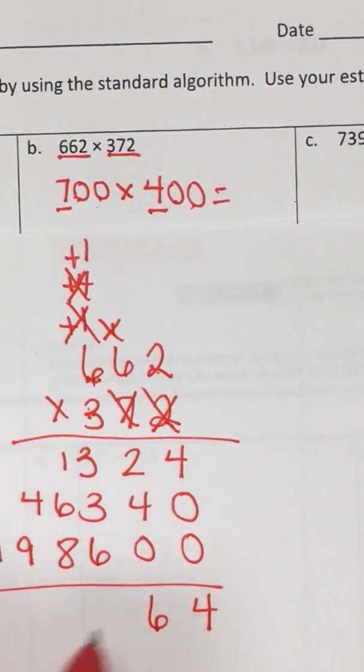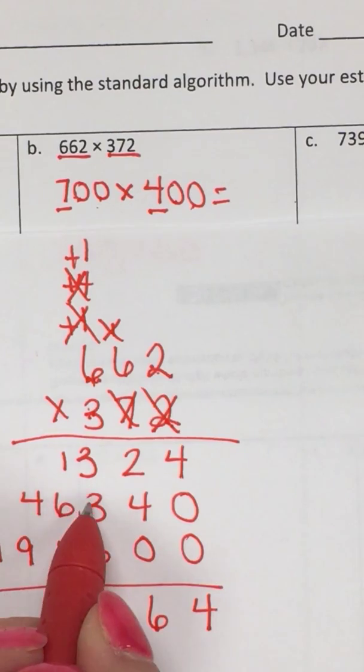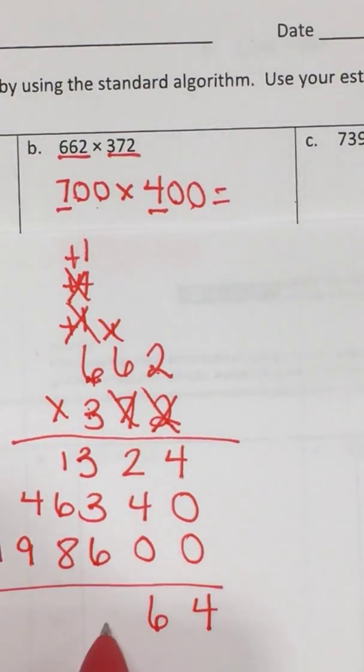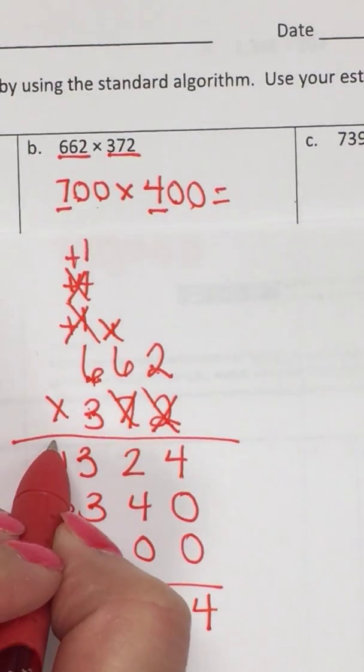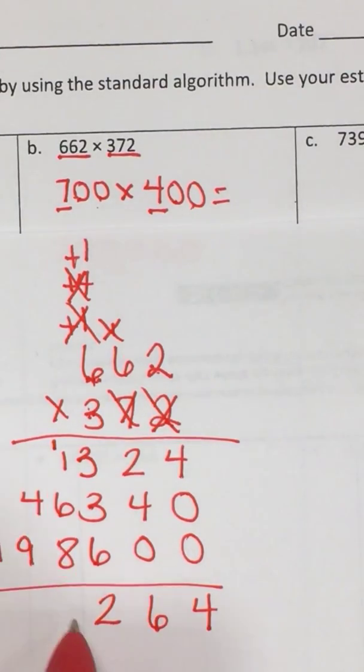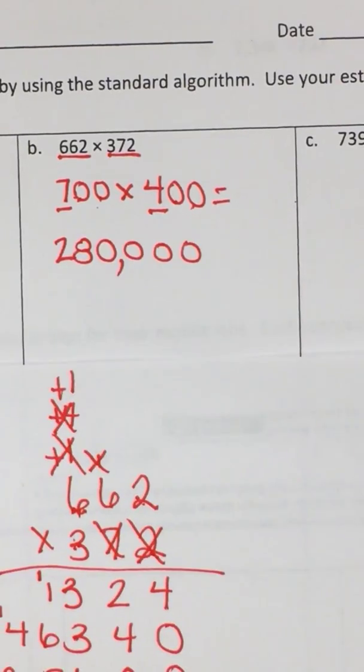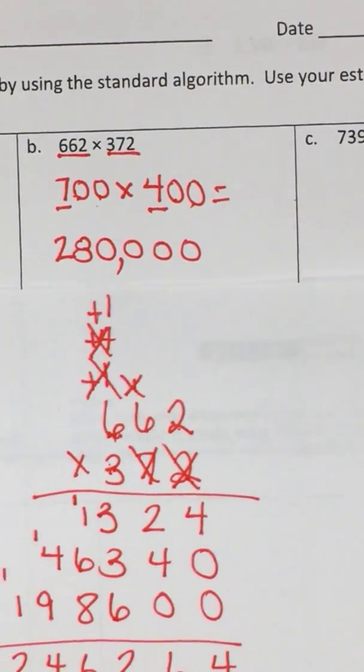I have 6, 6, 9, 12, 16, 14, and 2. Okay. So, let's compare.